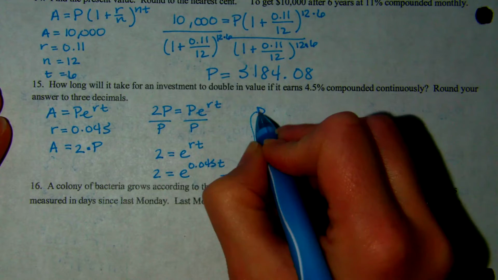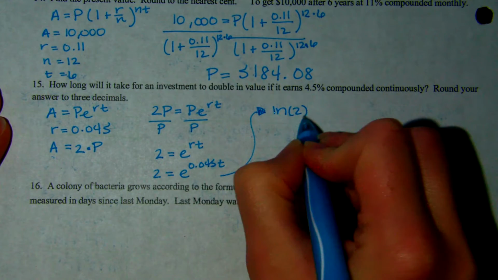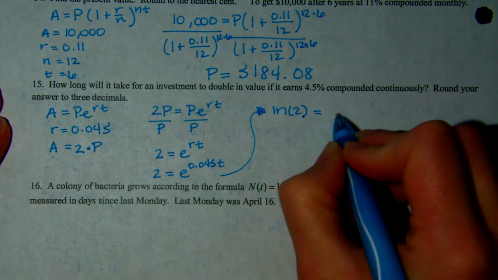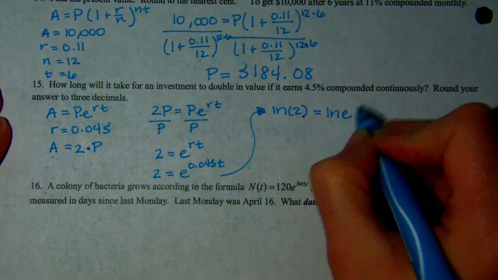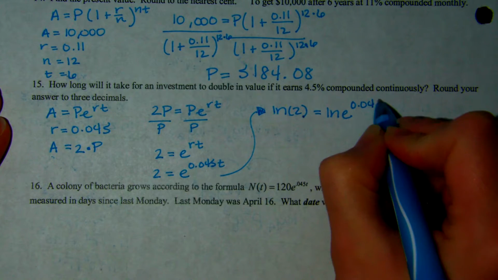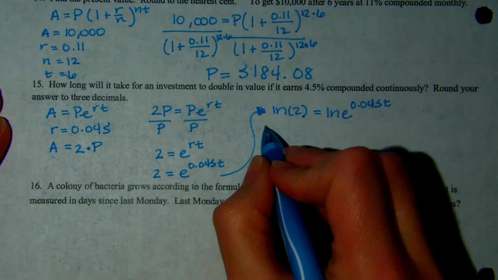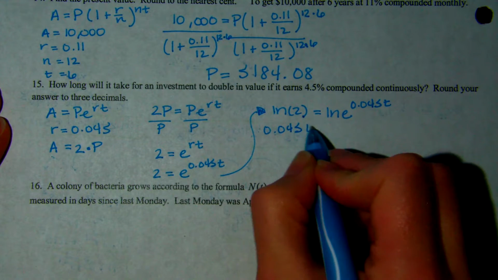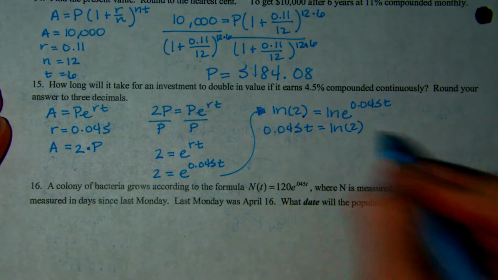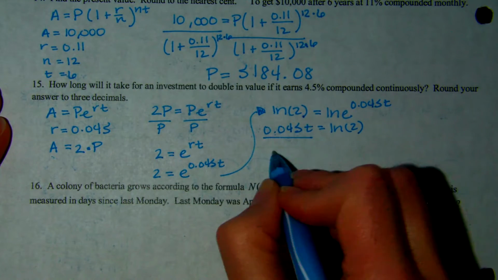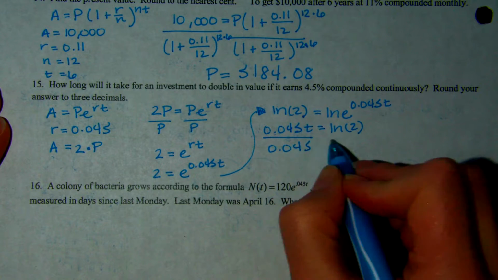So this is the natural log of 2 is equal to the natural log of e to the 0.045t. This cancels out and we just get 0.045t is equal to the natural log of 2. And so we solve for t by dividing by 0.045.